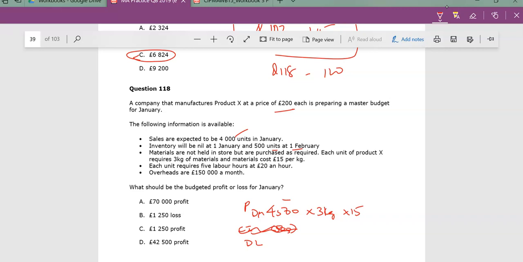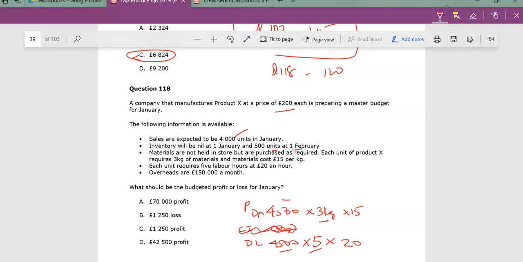We required 3 kilograms. Yes, so we made 4,500 units. So where each unit requires 5 hours of labor, 4,500 times 5 times 20 pounds an hour, right? Because we made 4,500 units.